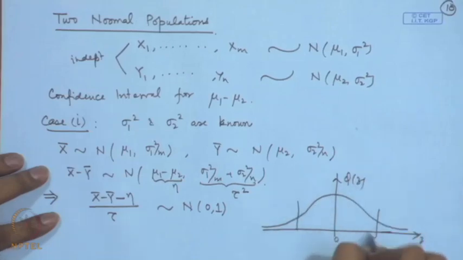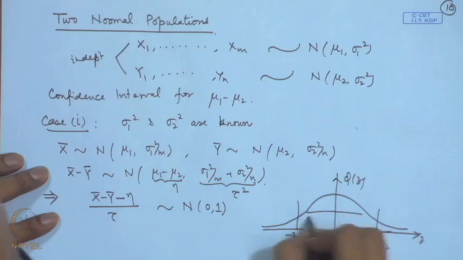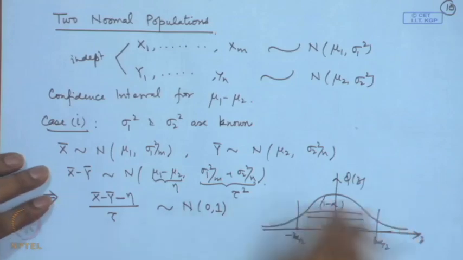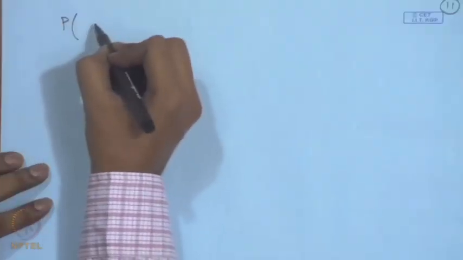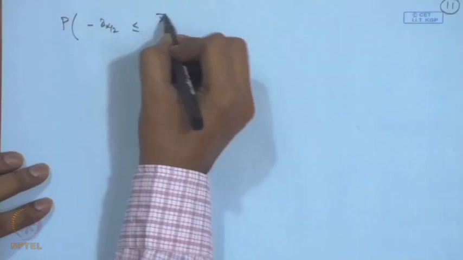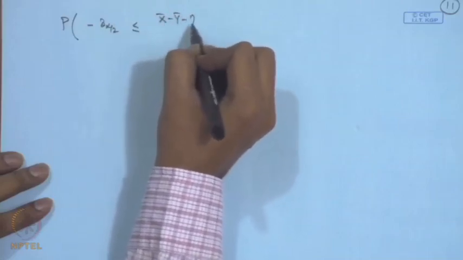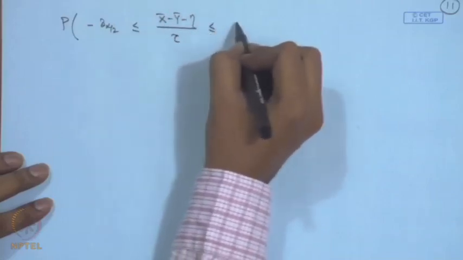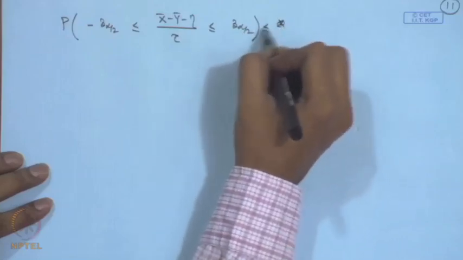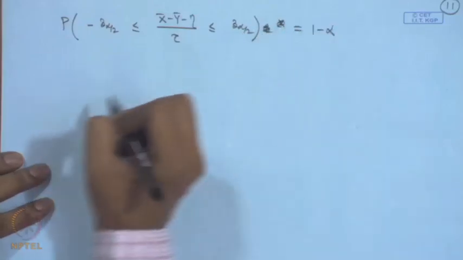So, we consider minus z alpha by 2 to plus z alpha by 2, this probability is 1 minus alpha. So, we can write down the statement: probability of minus z alpha by 2 less than or equal to (x bar minus y bar minus eta) by tau less than or equal to z alpha by 2 is equal to 1 minus alpha.